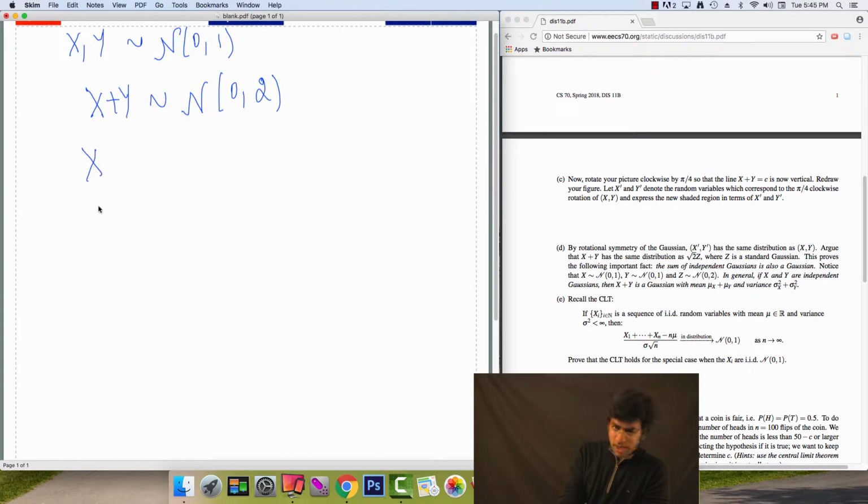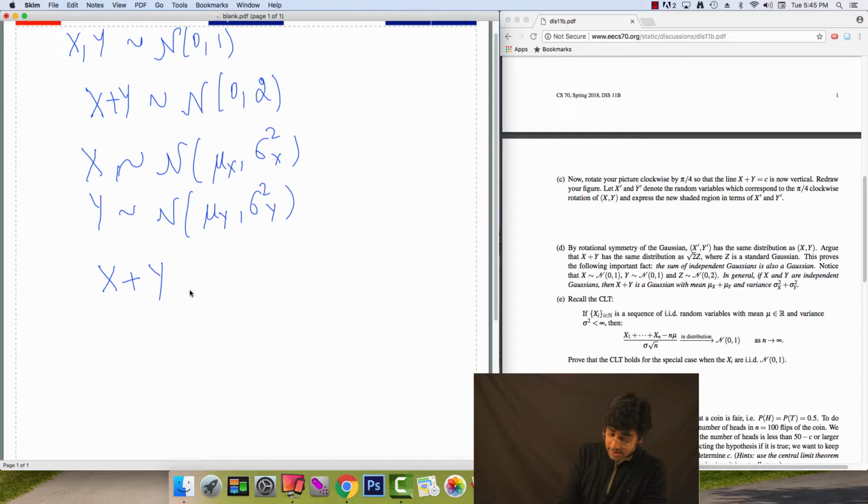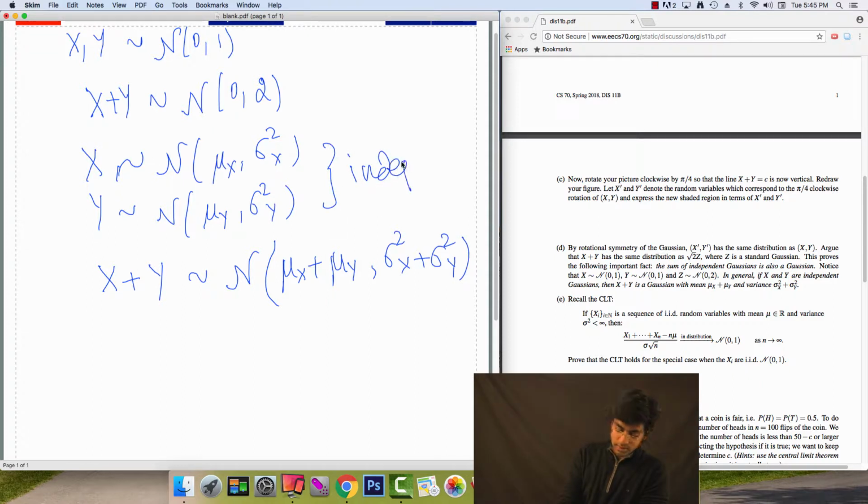However, it can be shown by a very similar analysis to what we just did, that if x is normal with some mean and some finite variance, and y is normal with some mean and some finite variance, then intuitively what you think is correct, which is that x plus y is normal with the sum of their means and the sum of their variances, as long as these two are independent. Remember, independence was key in our argument in making the joint density rotationally symmetric.